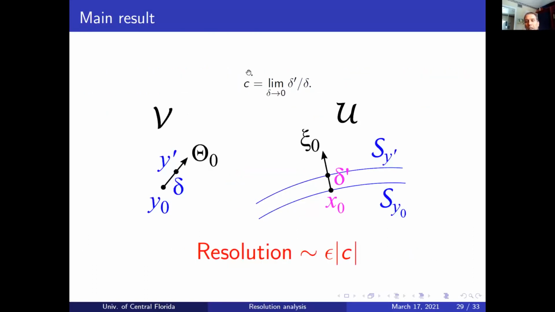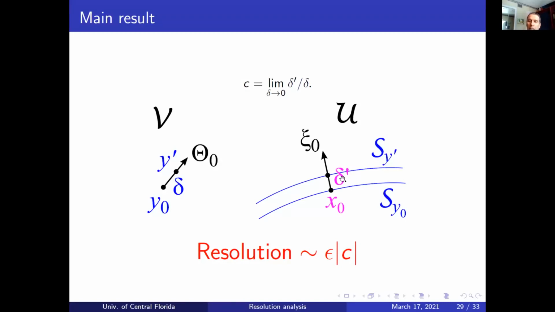So what is this scaling factor C that affects the resolution? For Y naught, we have this surface Sy naught that passes through X naught. Then let's shift the point along this direction theta naught by the directed distance delta. So you'll get a point Y prime. That could be positive or negative. Then the corresponding surface Sy will shift, it will become Sy prime. And to first order, it will shift by an amount delta prime along this direction xi naught.